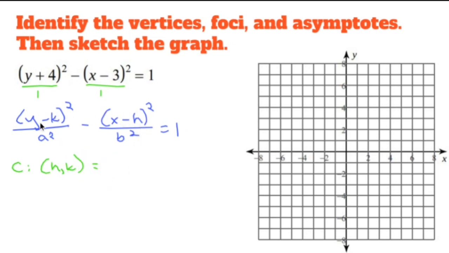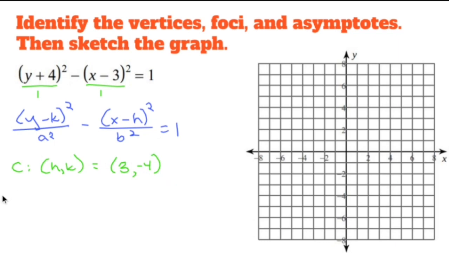H is over here, not over here. So negative h is in this case negative 3, which means h is regular 3. Tricky, tricky, tricky. And negative k is positive 4, so regular k is negative 4. All right, be careful. It's very easy to flip those guys around and get it backwards.